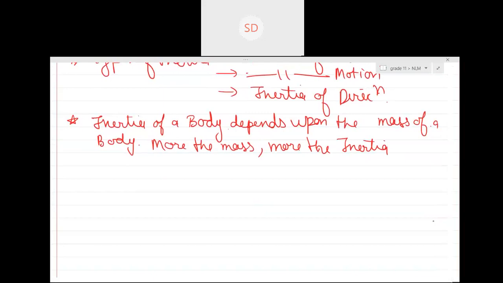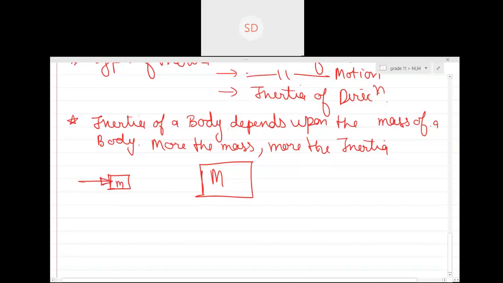So for example, suppose you have a heavier body and a lighter body. The mass of the heavier one is capital M, and the mass of the lighter one is small m. If I am applying the same force F to both, and initially both are at rest, which will more readily leave its state of rest, the heavier mass or the lighter mass?